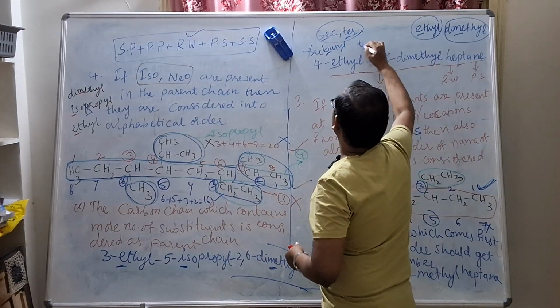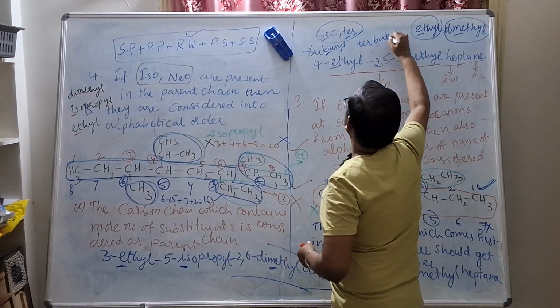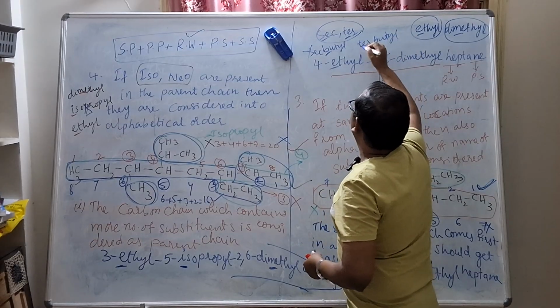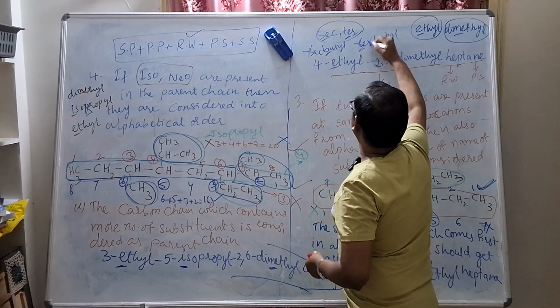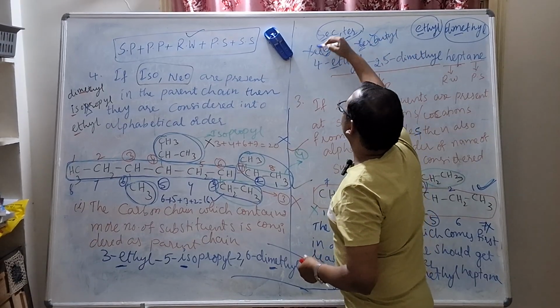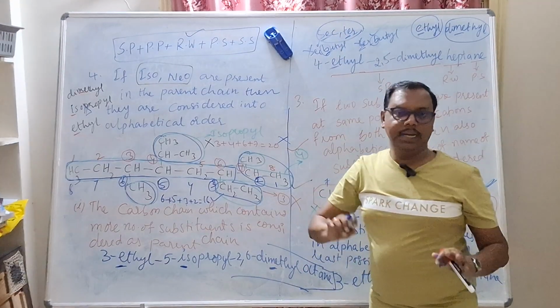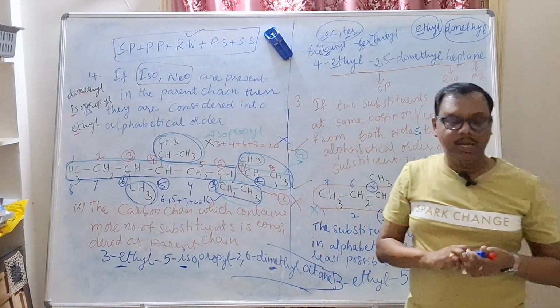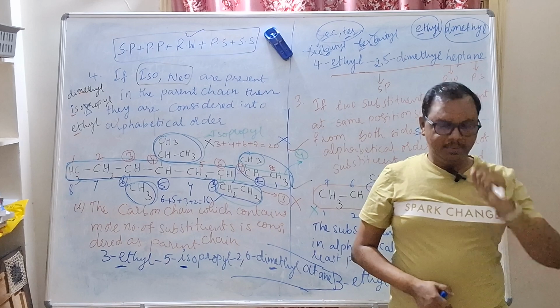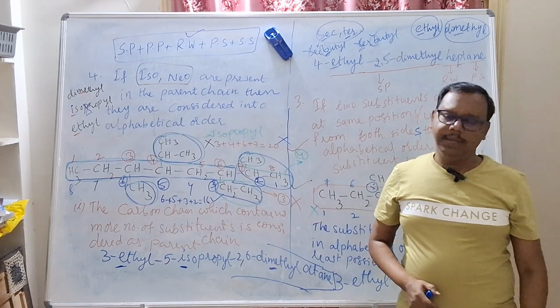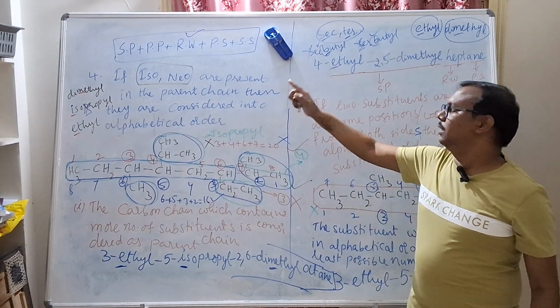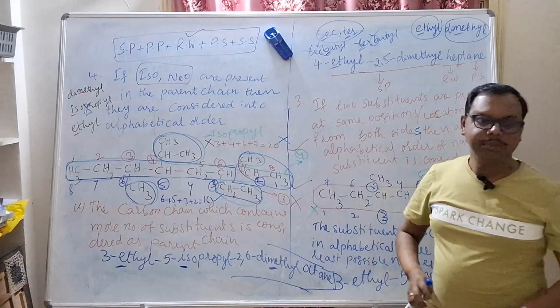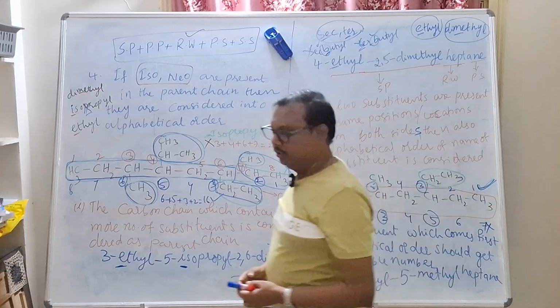For example, tertiary butyl: which letter do you consider? T you should not consider, only B. Here also B you have to consider, like that. Therefore, secondary and tertiary are not included in the alphabetical order. Okay. Whereas iso and neo are included in the alphabetical order. Right. In that manner, you have to go through.